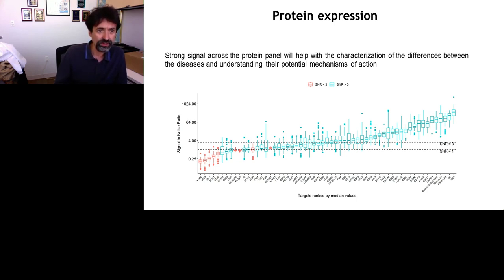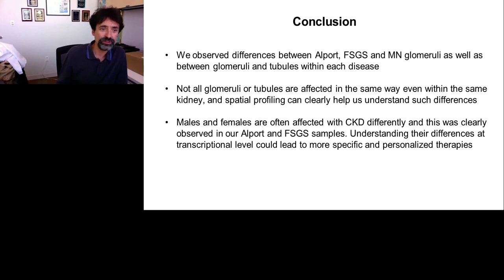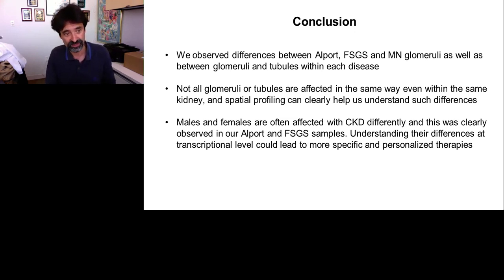So overall, to conclude and summarize our data, we observed differences between Alport, FSGS, and membranous glomeruli, as well as between glomeruli and tubules within each disease. We found that not all glomeruli or tubules are affected in the same way, even within the same kidney, and the spatial profile can clearly help us understand such differences.